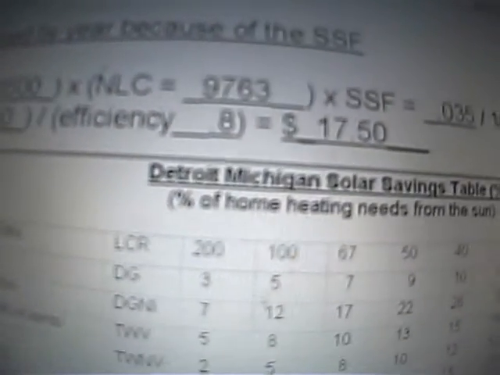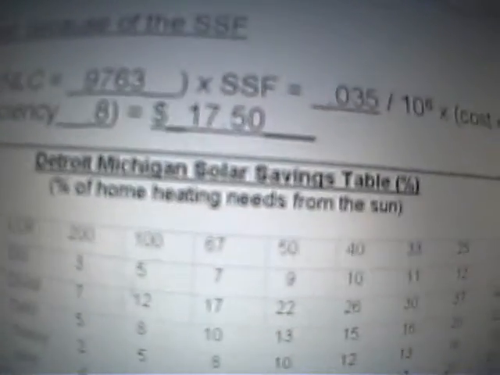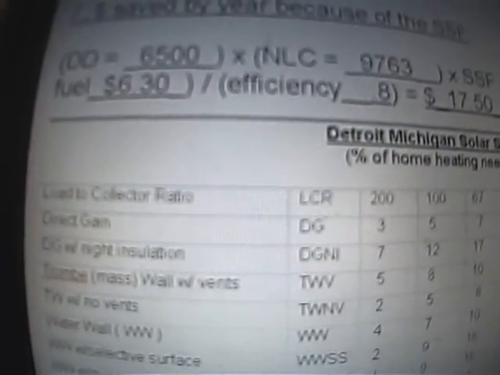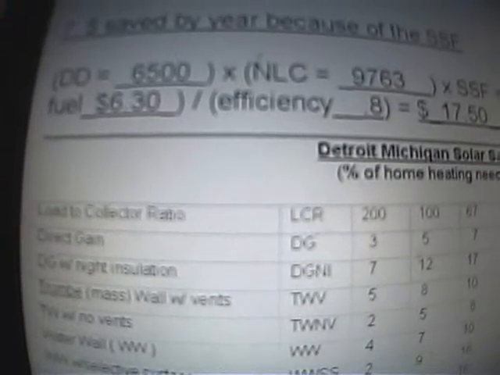So if you look at the top of that chart is the load to collector ratio. That's where you look for your number. Okay, so you see how it starts at 200, then drops to 100, then 67, then 50, then 40, then 33, etc. Now think about it. How would you get a smaller load to collector ratio?